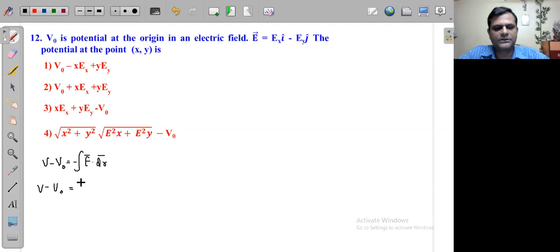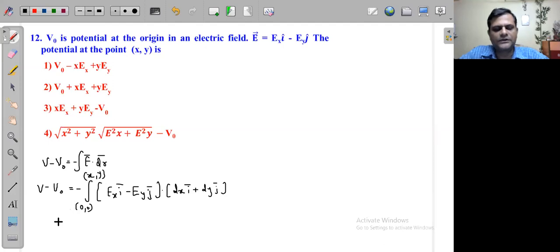And this will be actually equal to minus of integration of E bar, where E bar is nothing but Ex into I bar minus Ey into J bar, and that is going to be multiplied with dr bar, where dr bar is nothing but, we know already that it is dx into I bar plus dy into J bar. And this integration is to be carried out from origin, that is 0 0, up to the point whose coordinates are x comma y.